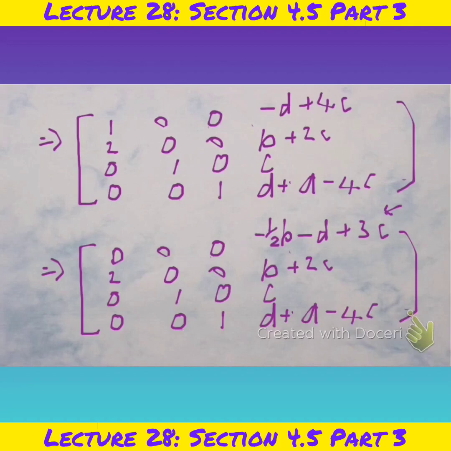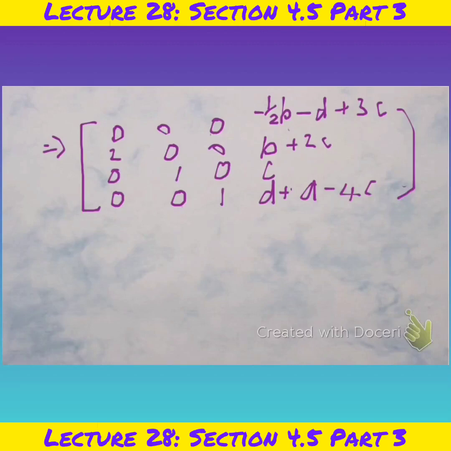So to pick a vector that's outside of the span of my new set, we just need to make the system inconsistent. So we can pick A as 0, B as 0, D as 0, and C as 1.